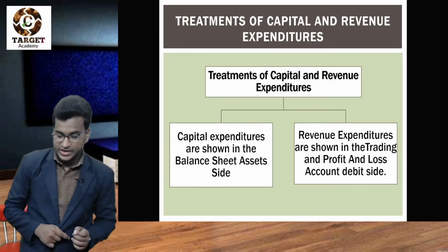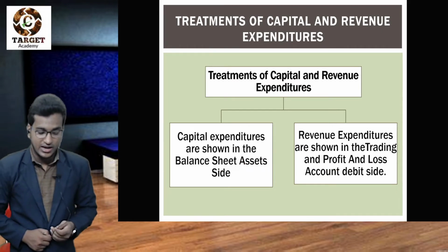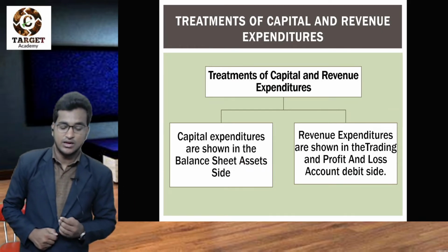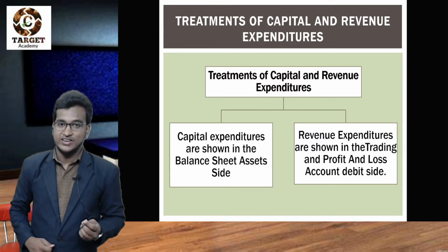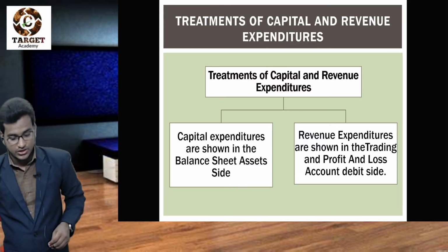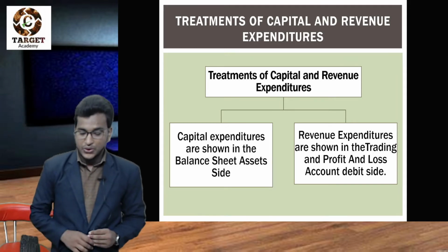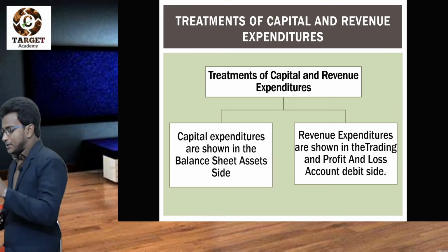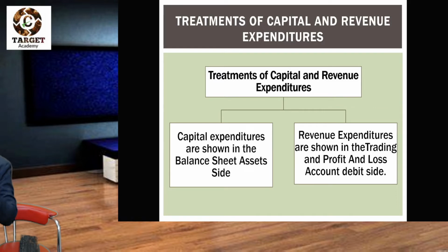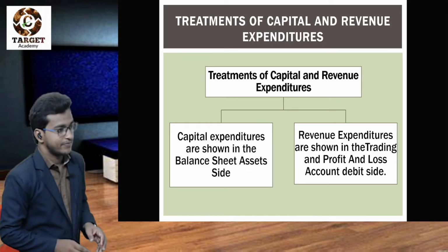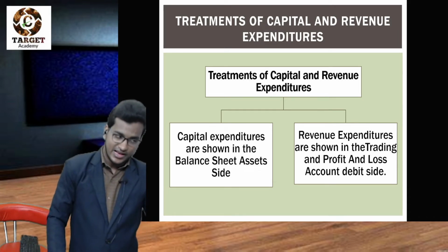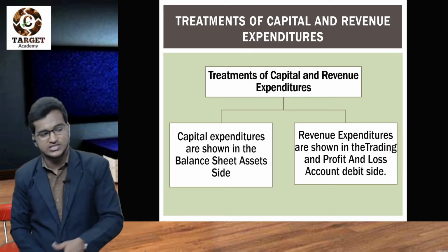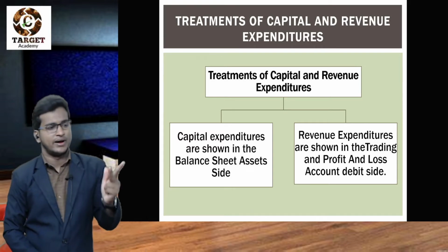Then, treatment of capital and revenue expenditure. What is the treatment of capital expenditure? What is the treatment of revenue expenditure? You tell me, capital expenditure is nothing but asset, right? For example, we purchased an asset, improved an asset, altered an asset, it is an asset.